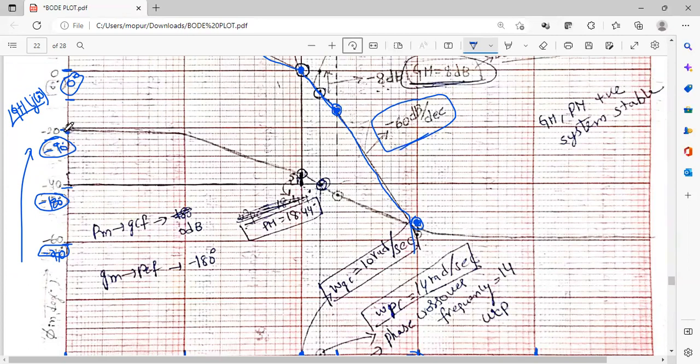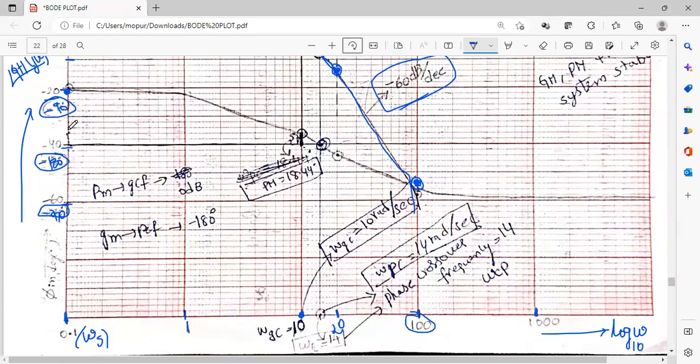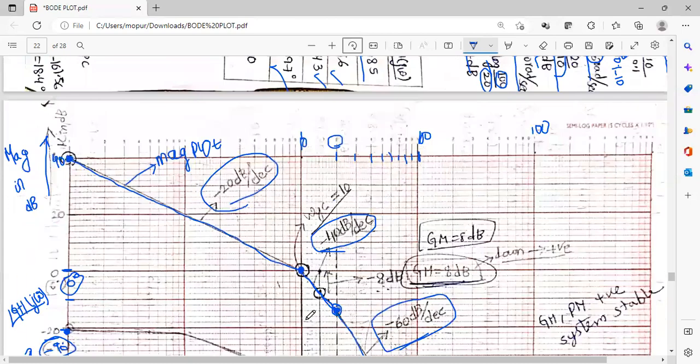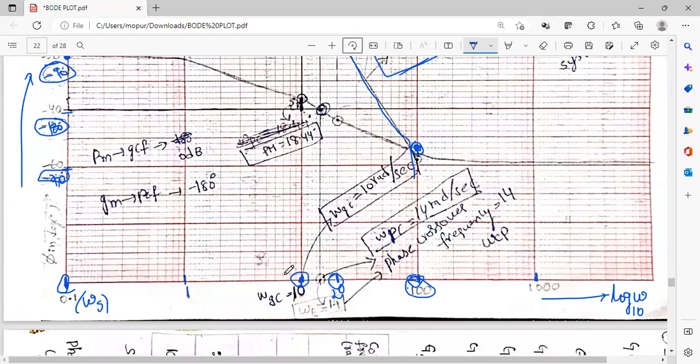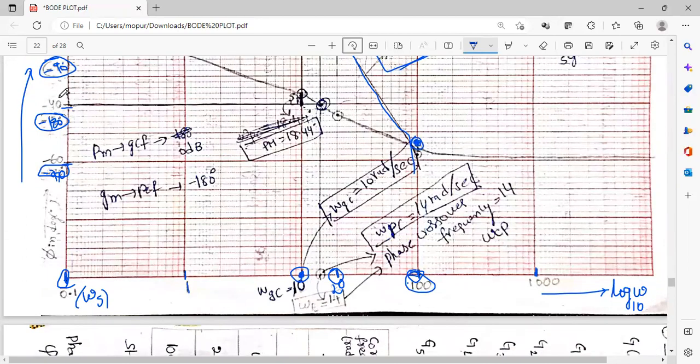The next corner frequencies are 10, 20, and 100. At 10, what phase angle did we obtain? Minus 161. At 10, this is minus 180, so the point is somewhat above it, at minus 161.